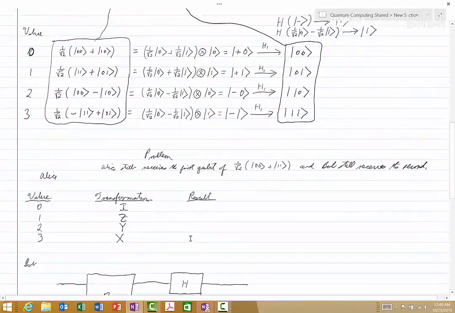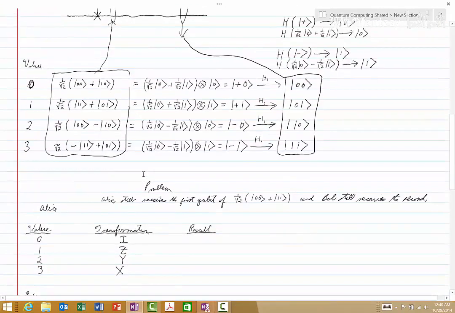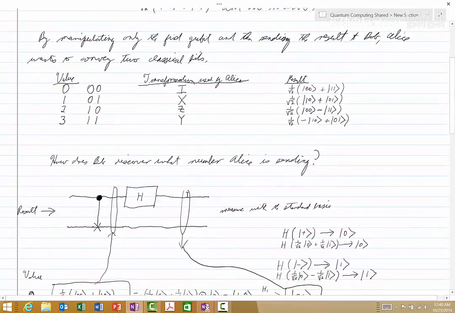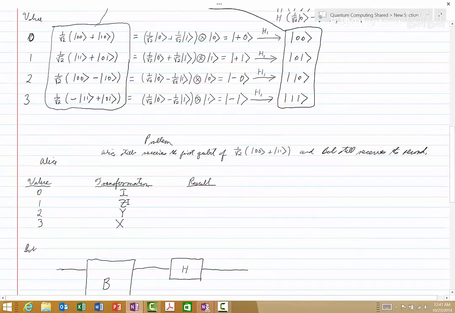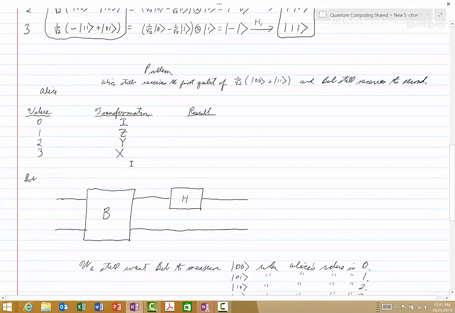Now, our question in this problem at the end of lecture 23 was if Alice put these in a different order, and instead of I, X, Z, Y, if she put them in this order, I, Z, Y, X, then what transformation here could Bob substitute for the C0 gate that he would usually use in the dense coding algorithm at this point?